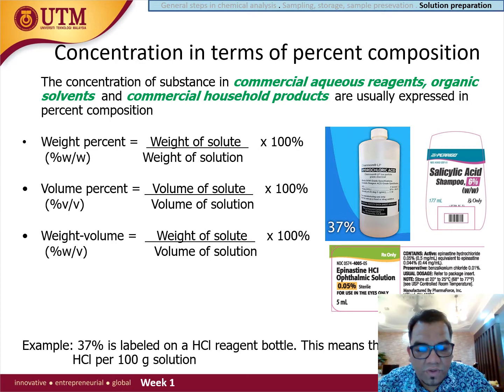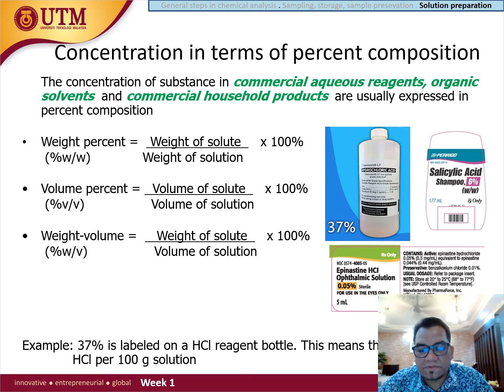For example, we have a 37% label on the hydrochloric acid reagent bottle. If we use percentage weight by weight, it is 37 gram of hydrochloric acid divided by 100 gram of solution.